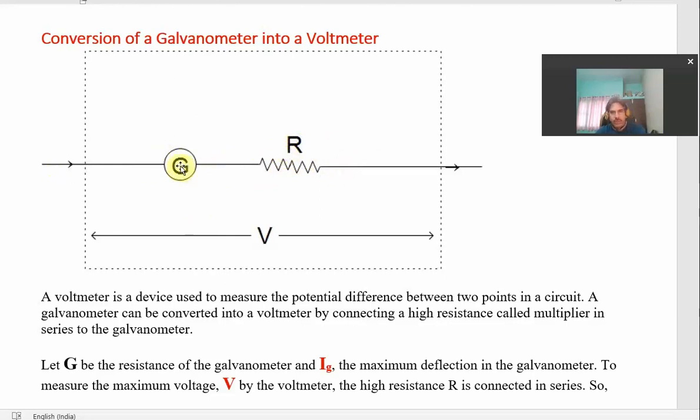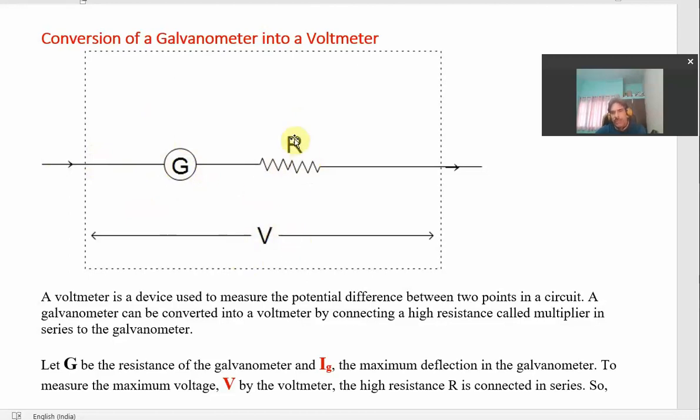We already know that when resistances are connected in series, the net resistance increases. Now this combination will allow some maximum value of current through the galvanometer, and it becomes a voltmeter.